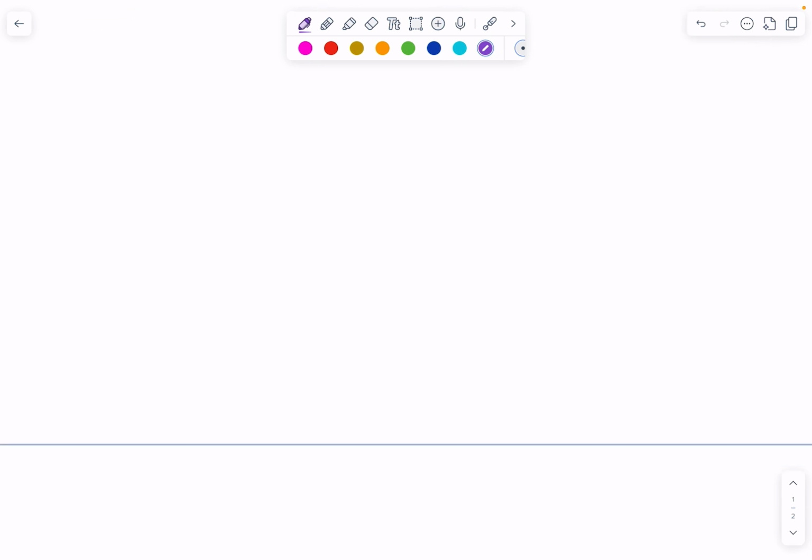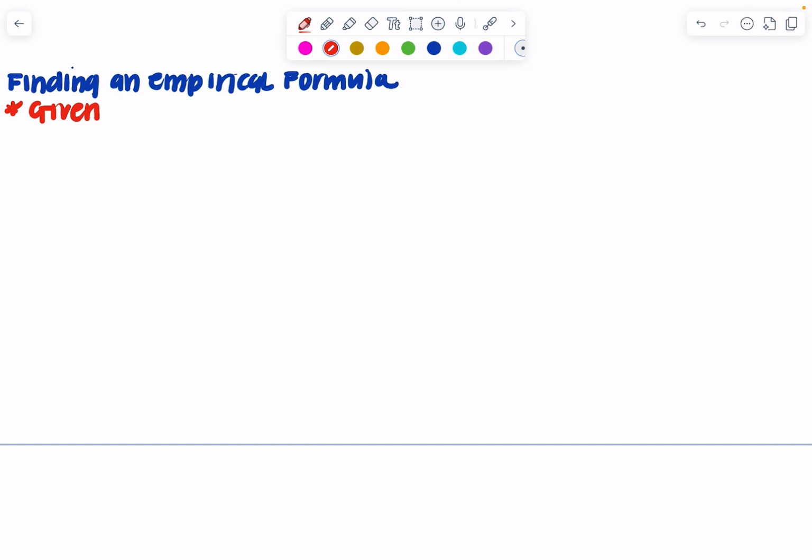Now, what we're going to be focused on really is finding an empirical formula. There's really two ways that we can assess questions that ask us to find the empirical formula. The first is if we're given mass.